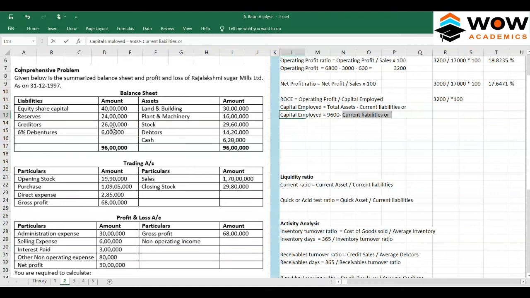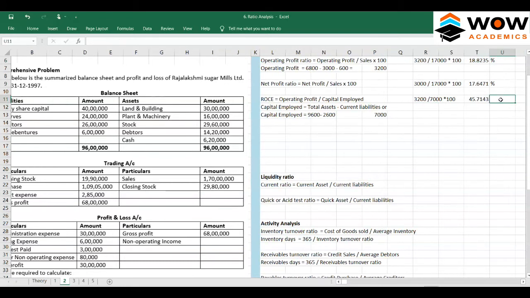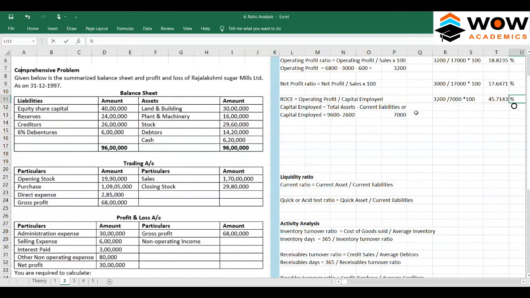There is only one current liability here. Okay, let's solve it. So we got 45% as an answer.